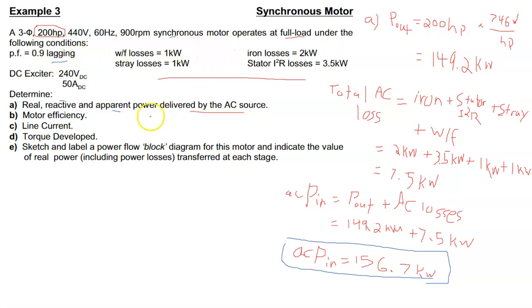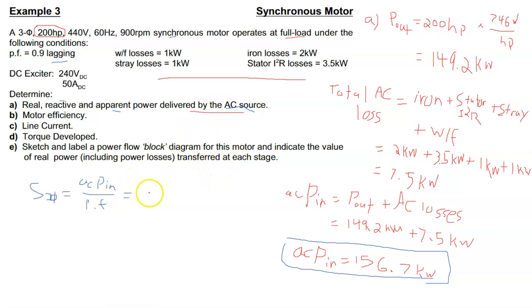Now, next we look up here and we don't have a current, but we do have a power factor. So that means S three-phase is the AC power in divided by the power factor.